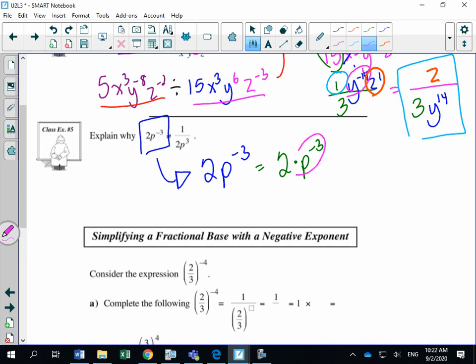The answer is only the p. So the 2 stays where it is, and the p moves to the denominator, and then it becomes positive. So the mistake that was made is they took everything down, but that negative 3 only applies to the letter, or the variable. I hope everybody's able to see that.